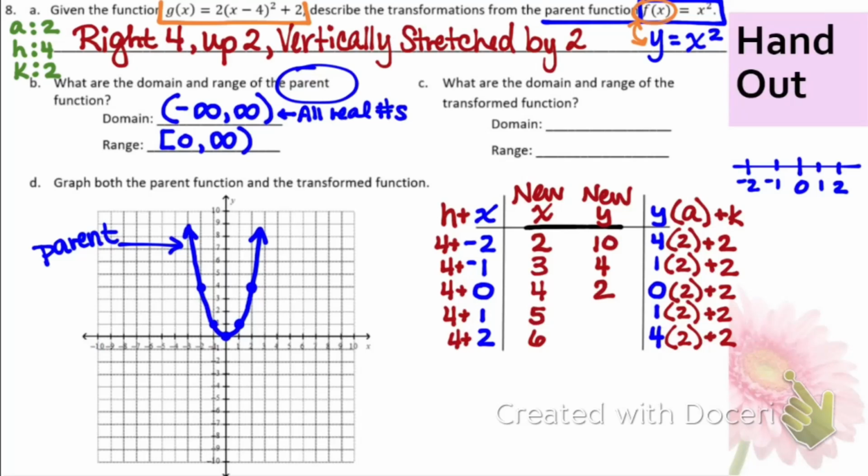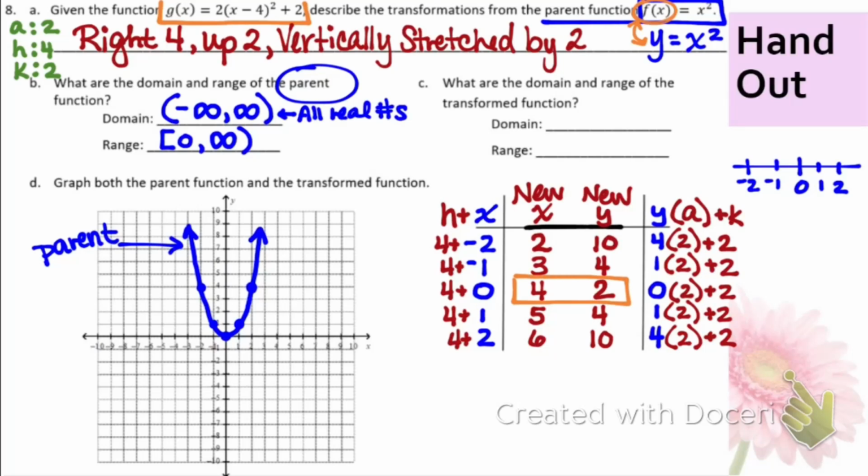What's going to happen with these next 2 numbers? It's going to be the same as up above, because remember it reflects on either side of my vertex. So we're going to get 4 and 10. Where did we say our vertex was going to be? What was HK? 4 for my H and 2 for my K, right?